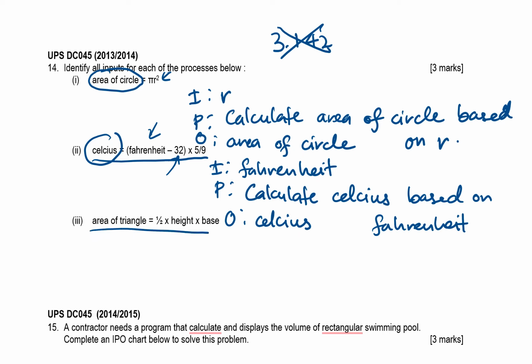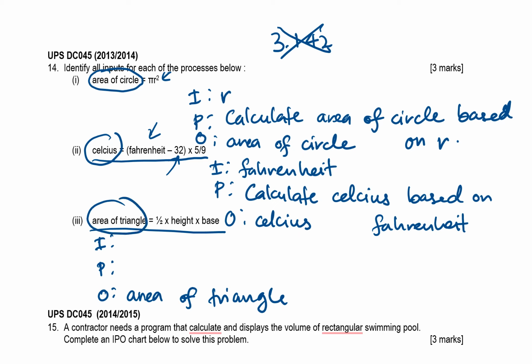Alright, next. The last formula for question 14. What is the output? The output is area of triangle. This is what we are going to get. Now, how about the input? Is 1.5 the input? No, this one is a constant, so you don't have to write it in the input.